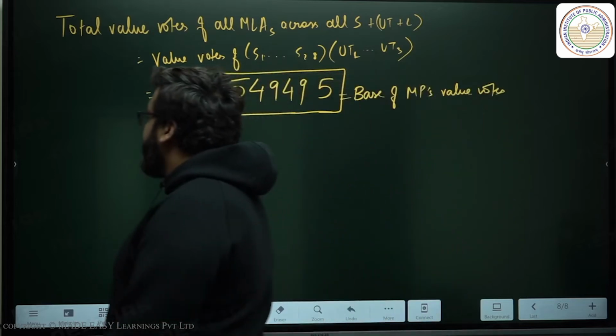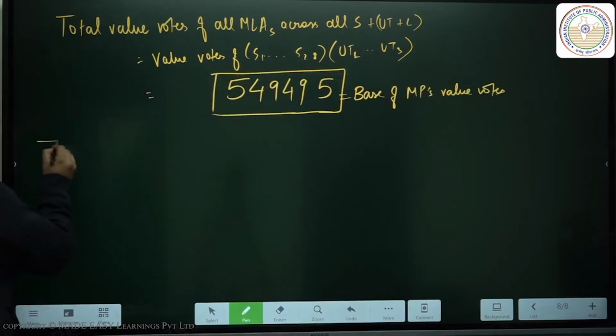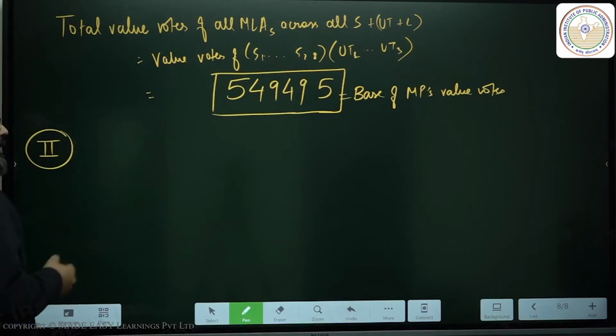Now we have to calculate the second part. What is the second part?